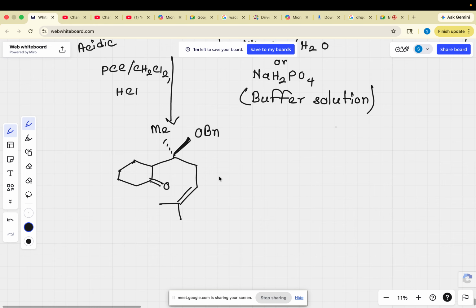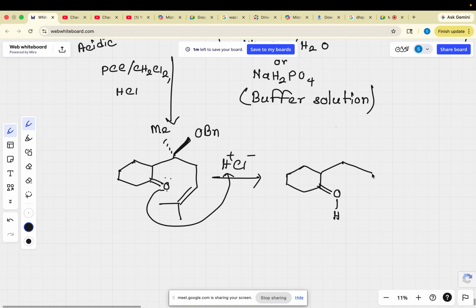Now in the presence of HCl, what will happen? This double bond O will be protonated. This oxygen is abstracting the proton, so this double bond O is getting protonated.